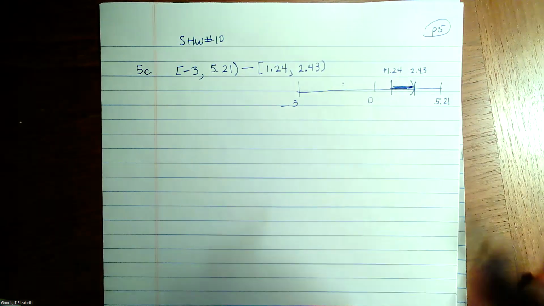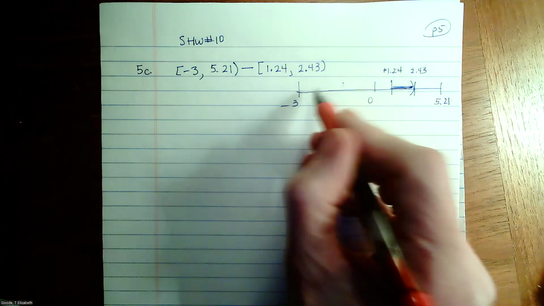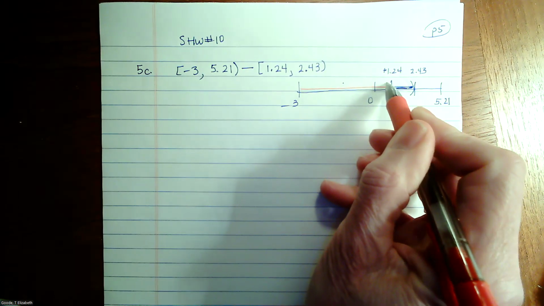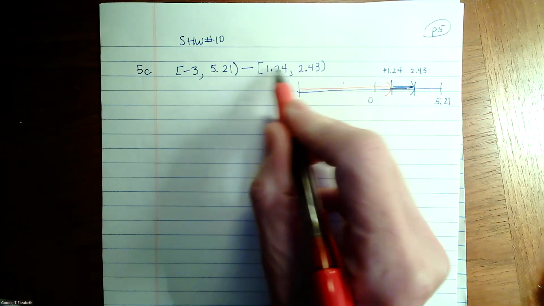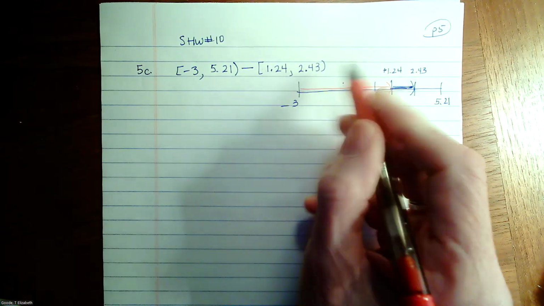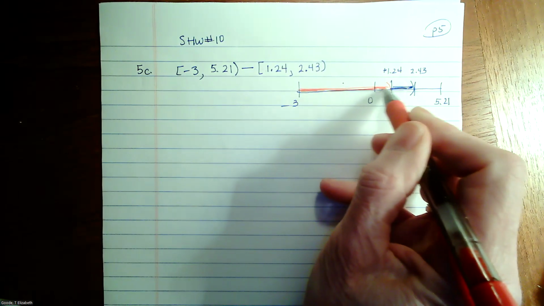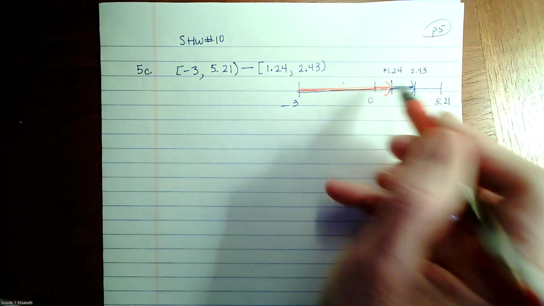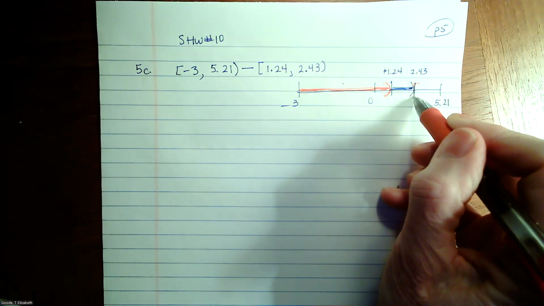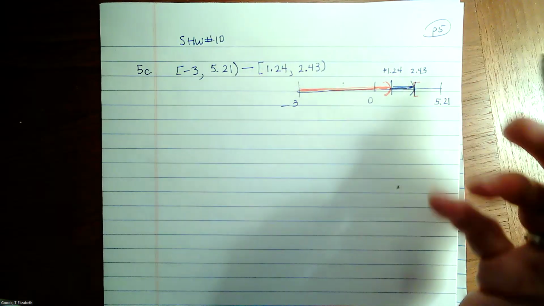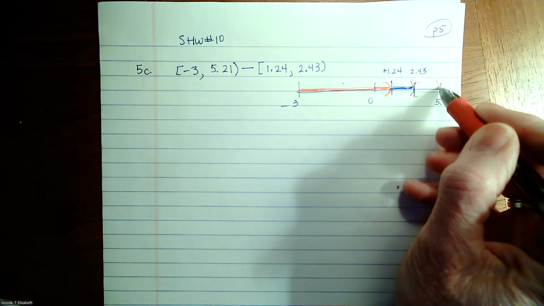So the complement is going to be these elements. It's not going to include 1.24 because it's in there, right? We have to subtract it away. And then we do include 2.43 because it's not here. So we're not subtracting it away, up to 5.21.